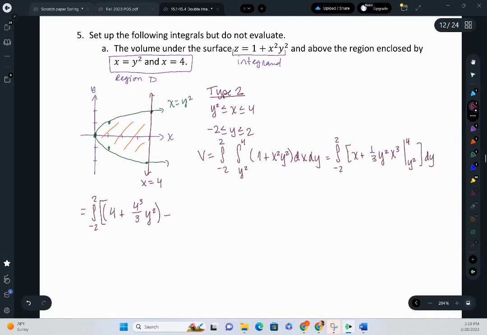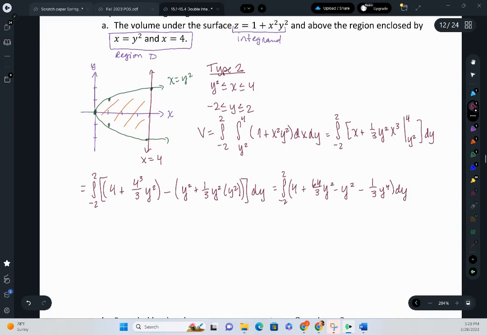Now I evaluate at y squared, and that's going to give me, everywhere there's an x, put in a y squared, so I get y squared plus 1/3 y squared times y squared. And then evaluate with respect to dy. Now I need to distribute and combine like terms. So this gives me the integral from -2 to 2 of 4 plus 64 over 3 y squared minus y squared minus 1/3 y to the 4th.